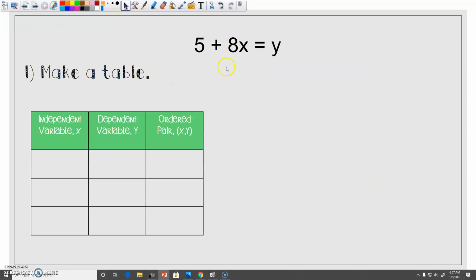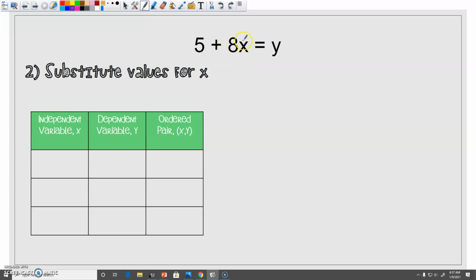So here's our same equation, and our step 1 again was to make the table, and I've done one already, but you may need to do it on your notes. So you have an X and a Y and then your ordered pair. After we've made our table, we're going to substitute the values for X. And I'm going to start with 0. What if I don't even kayak at all?